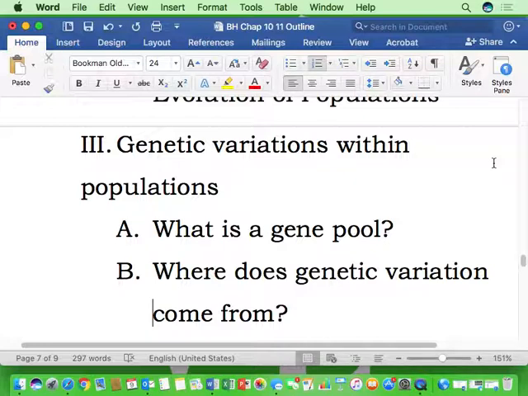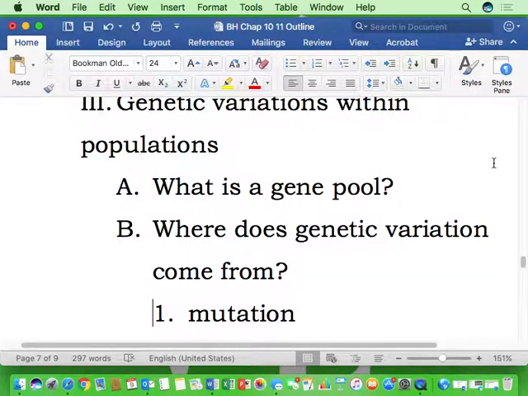But we'll start with, where does that basic genetic variation come from? There are two sources of genetic variation. Mutations. So if we have a mutation, that's going to change the alleles that are present.